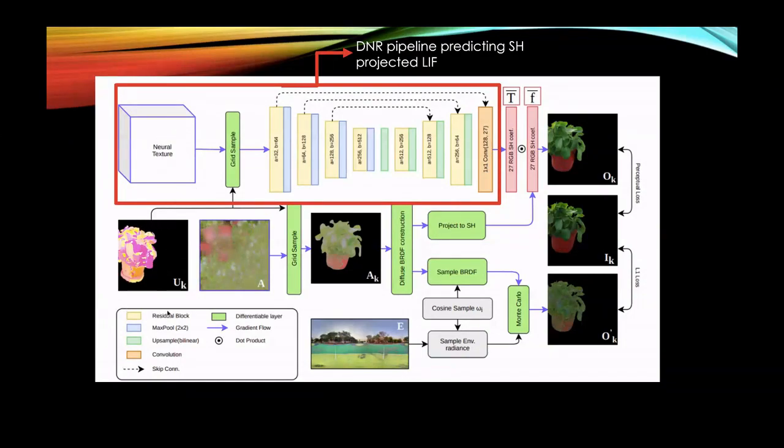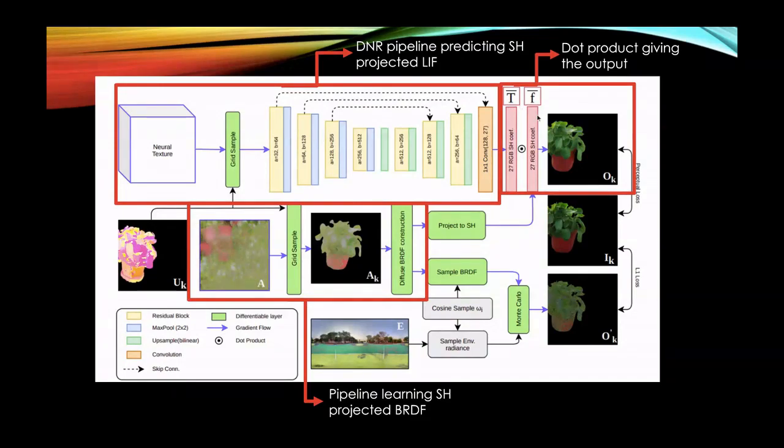You can see that the UV, which is the UV maps, is being used to grid sample the sample texture. The UV over here is also used to grid sample the albedo to give us view dependent albedo. This is then projected into SH space to give us SH projected BRDF. The gradients from here flow into both the upper and the lower pipeline.